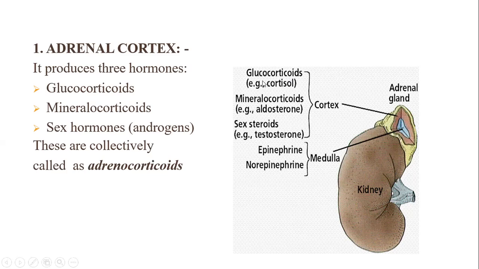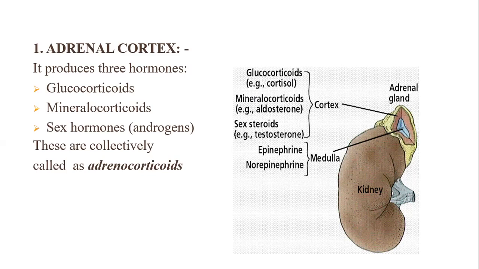So these three different categories of hormones are secreted from three different layers of the adrenal cortex. Glucocorticoids are secreted from zona fasciculata, which is the middle layer.